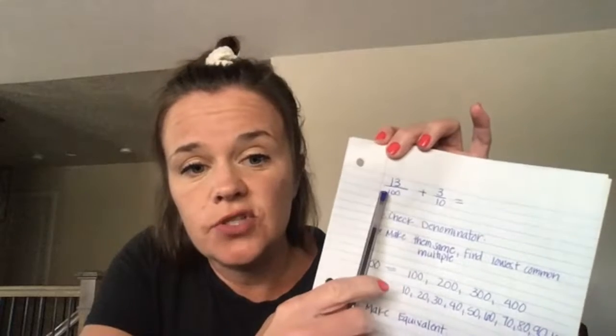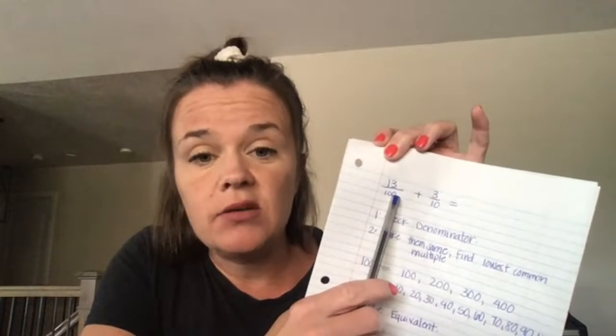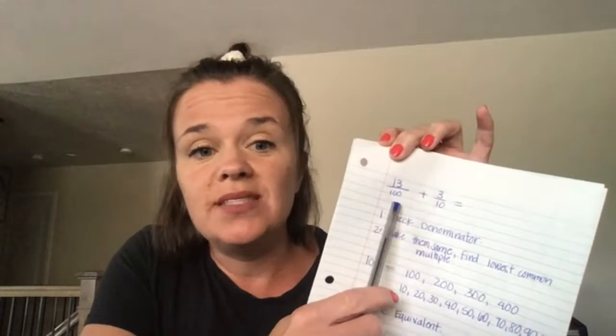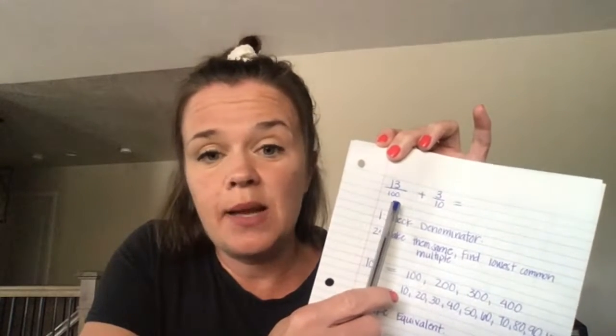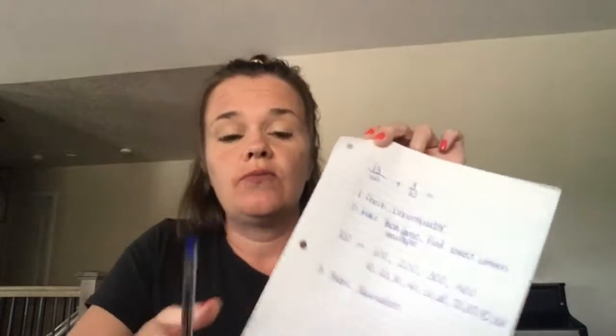So if I'm making equivalent fractions, I'm going to use the new denominator, okay? So here we go. Now, am I changing the denominator on this first one? No, I'm not, because my denominator is going to be 100. That means this stays just the way it is. I'm just going to leave it alone, okay? So I'm going to leave this fraction alone.